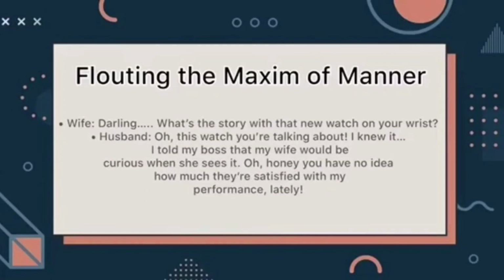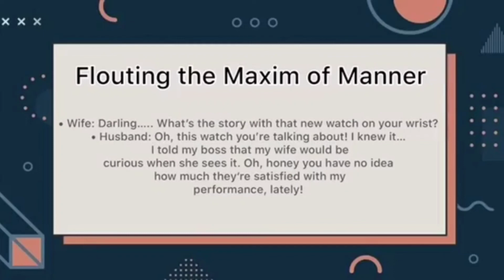And the last one is flouting the maxim of manner. Wife: "Darling, what's the story with that new watch on your wrist?" Husband: "Oh, this watch you're talking about? I knew it. I told my boss that my wife would be curious when she sees it. Oh, honey, you have no idea how much they're satisfied with my performance lately."